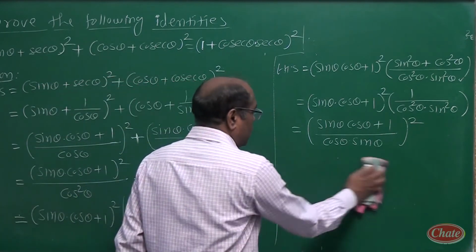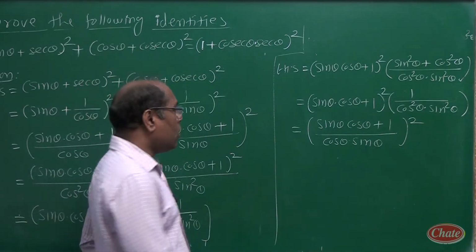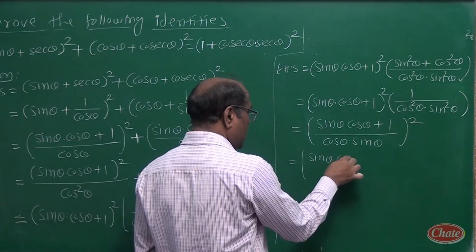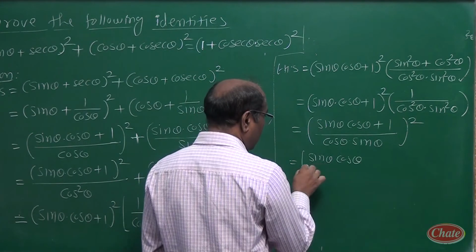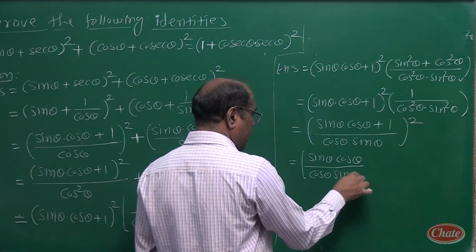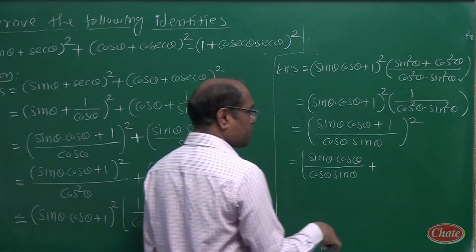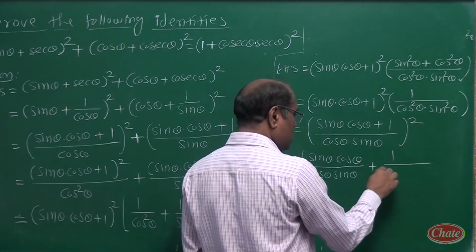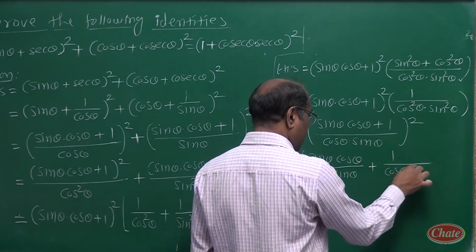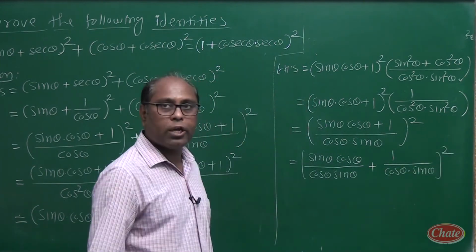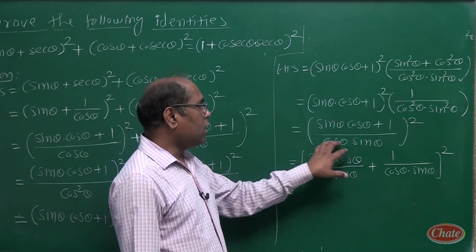Okay, now here we have to separate the denominator: sin theta into cos theta divided by cos theta into sin theta, plus 1 divided by cos theta into sin theta, whole square. Okay, we are separating the denominator.